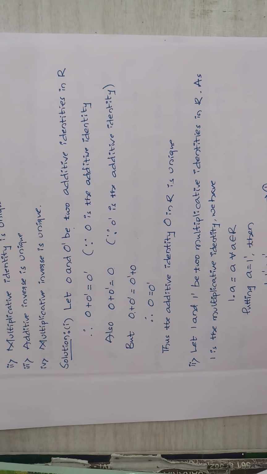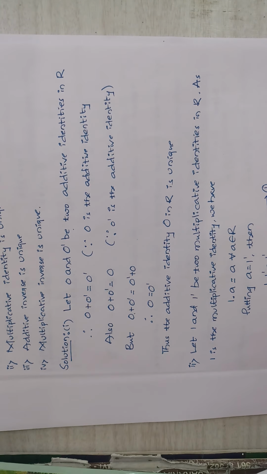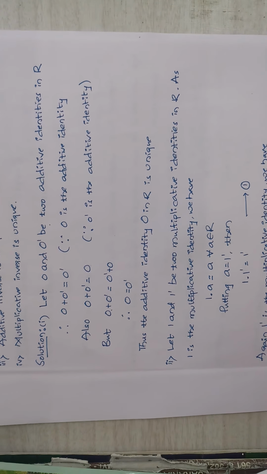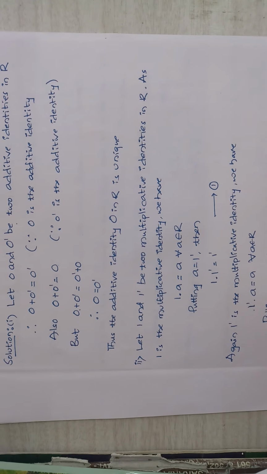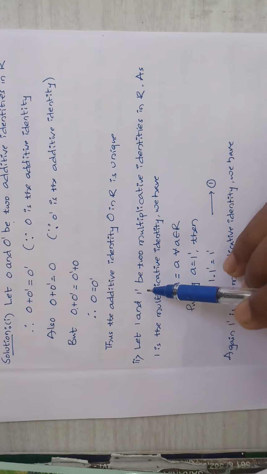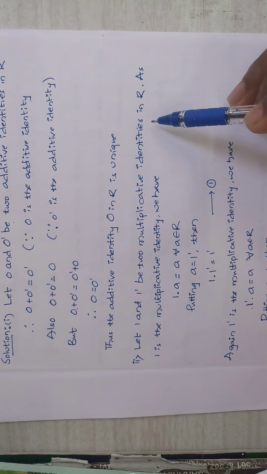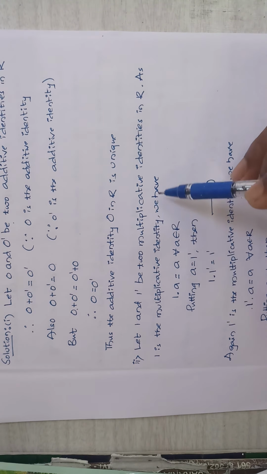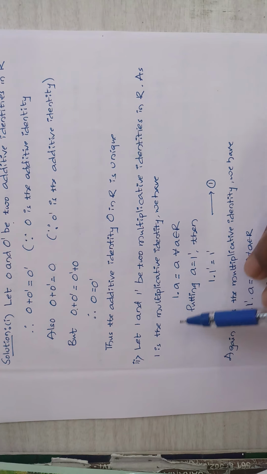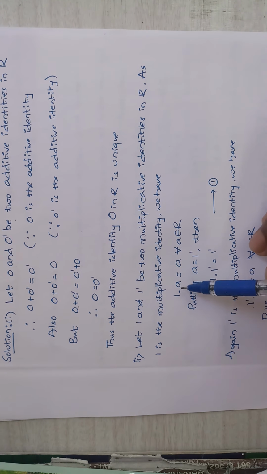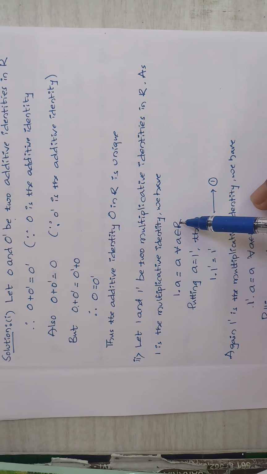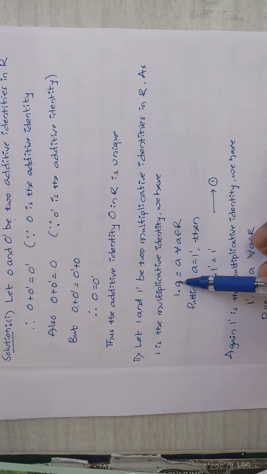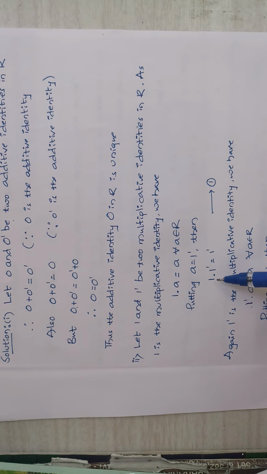So next, multiplicative identity is unique. Let me see that. Here also we take two identity elements, 1 and 1 dash, be two multiplicative identities in R. As 1 is the multiplicative identity, we can write 1 into A is equal to A for all A belonging to R. In the place of A as 1 dash, we get 1 into 1 dash is equal to 1 dash.